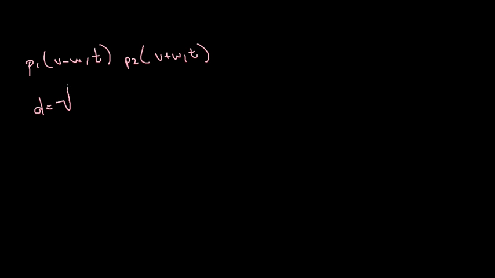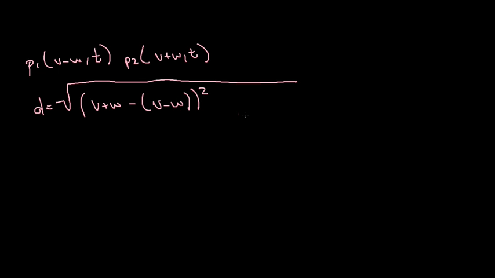The distance is equal to the square root of v plus w, which is our x2, minus v minus w, and this whole thing is squared, plus t minus t squared. And we're going to simplify this.